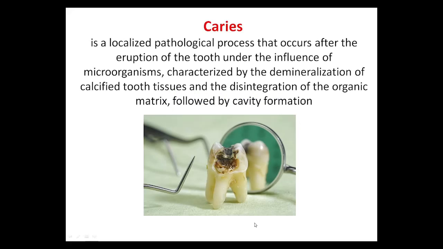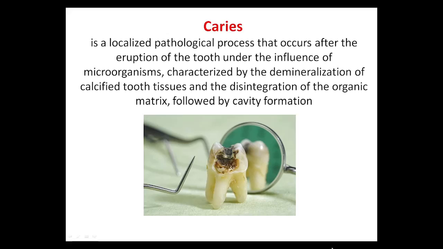And the next part of our lecture, and the last one, is the classification of dental caries. There are several classifications, but first, the definition of caries. What is caries?